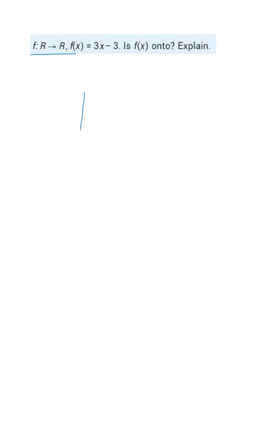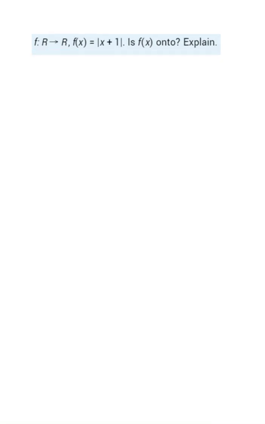So if I was going to sketch this, I can see it would cross the y at minus 3, it would cross the x at 1 from doing 3x minus 3 equal to 0. So I can see there, every input that I have will have one specific output. So that means it is an injective onto function.